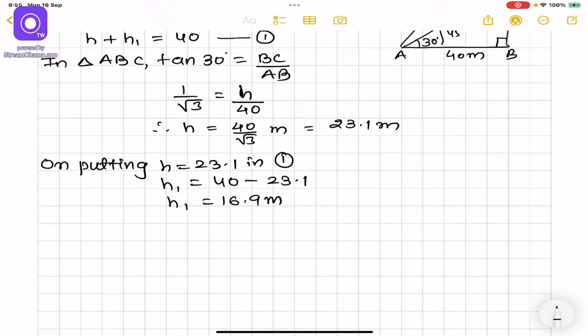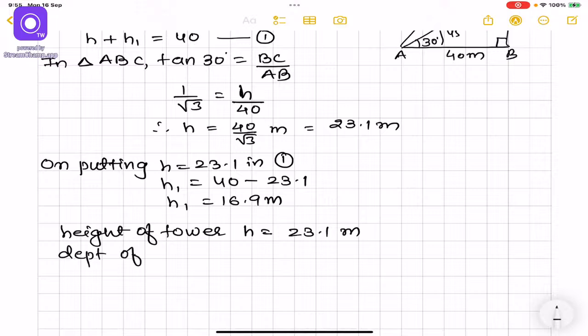So I got both the heights. Okay, depth of the tank. So I got height of the tower, h equal to 23.1 meter and depth of tank is h1 equal to 16.9 meter.